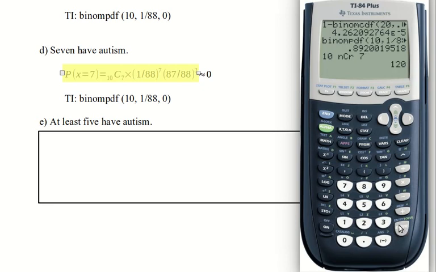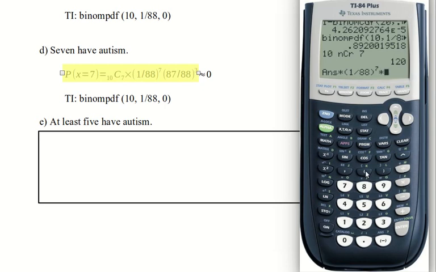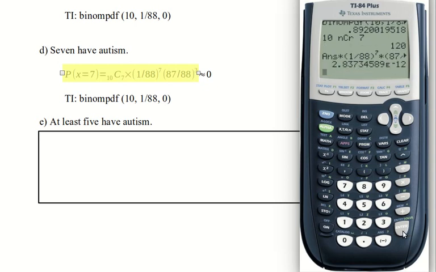That happens 120 ways. I'm going to multiply that by 1/88, and I need those parentheses because of the order of operations, to the 7th power. And I'm going to multiply that by 87/88 to the, let's see, 3 are left, so 3 failures in that particular situation.